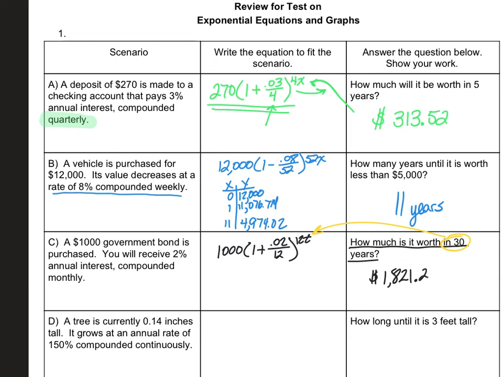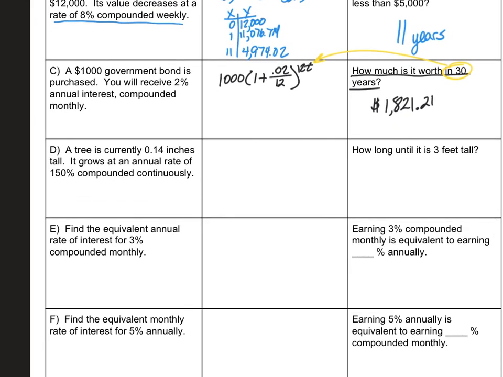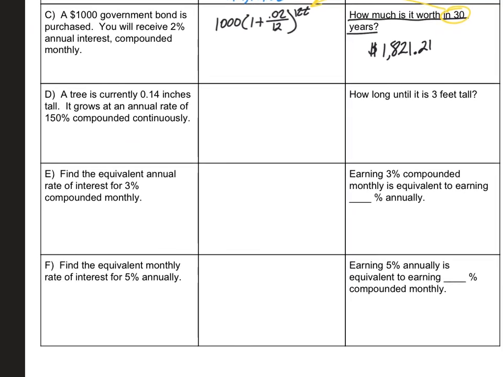It's actually 28.208, but the 8 rounds up to a 1. So this would be our value after 30 years. And that's a reasonable number. 2% is not a very high percentage, but 30 years is a long time. So our value is almost doubled after about 30 years.